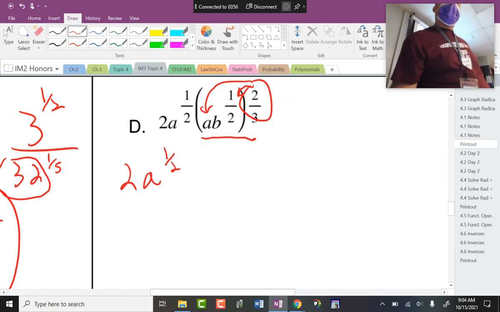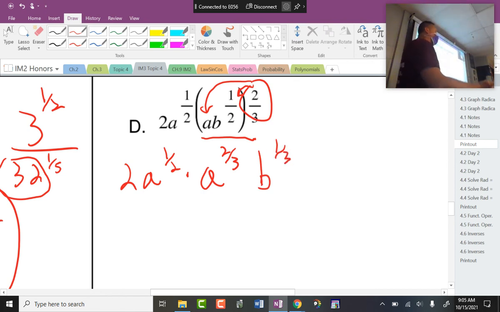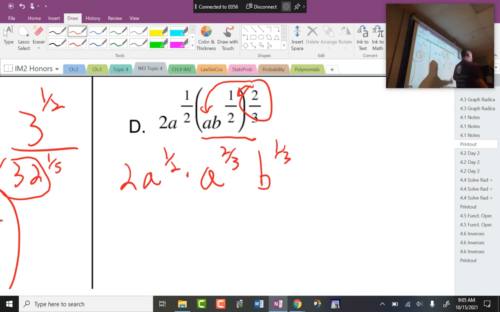Let's try to go right down here on all these. Times a to the 2/3. And then just for no purposes, know when I multiply these two, the 2's cancel. In this high level honors math class, we should be able to handle that. 2/3 times 1/2, the 2's cancel. That's how I get b to the 1/3.